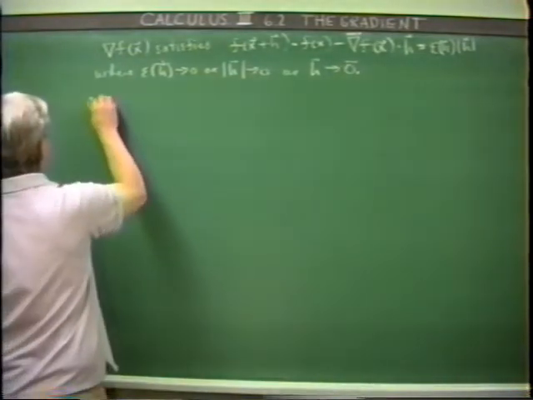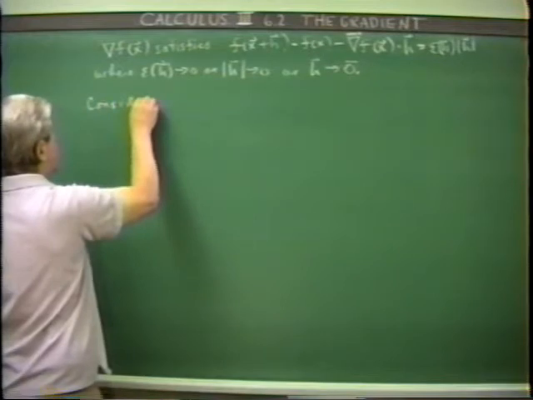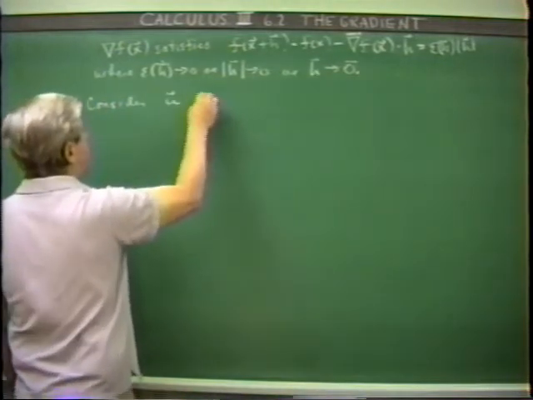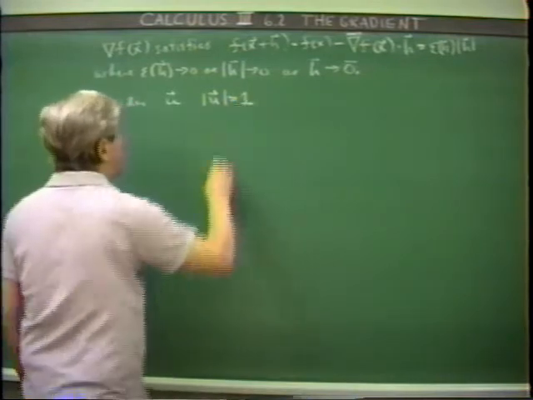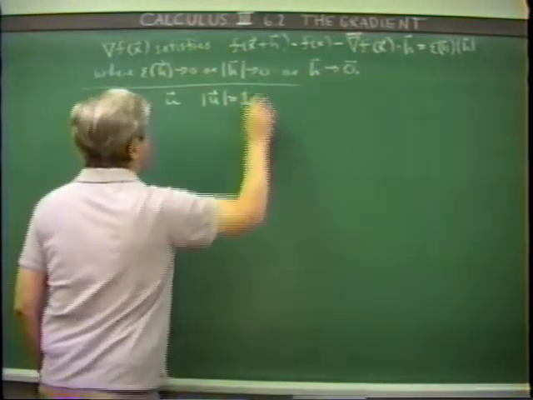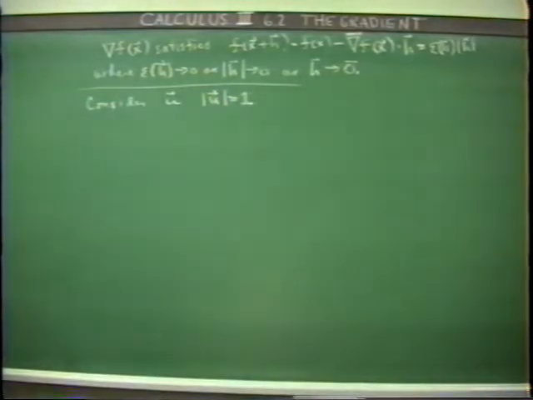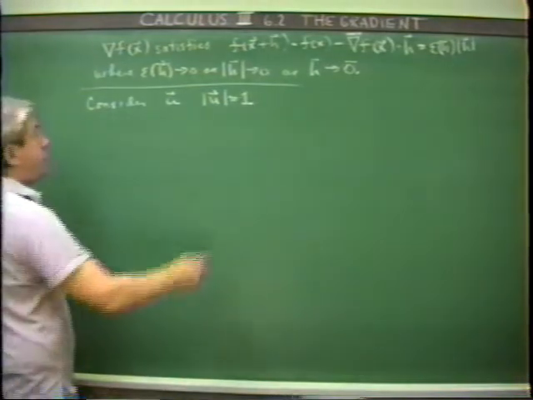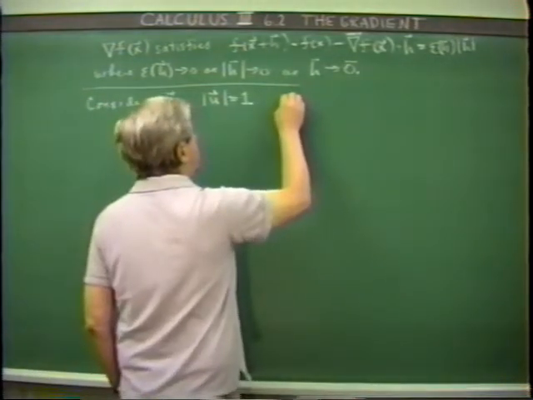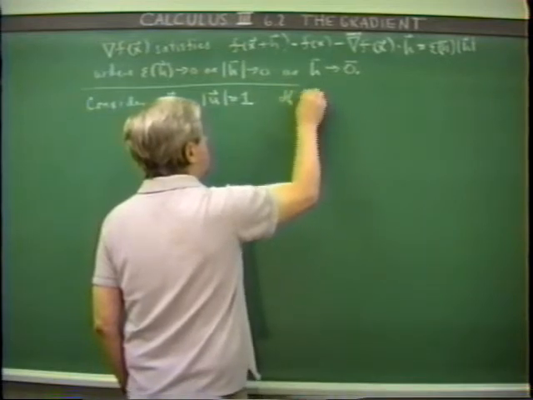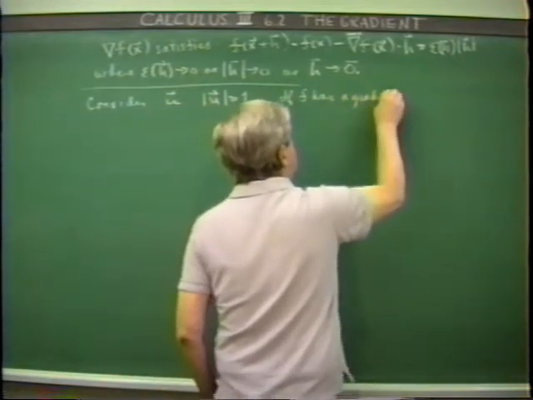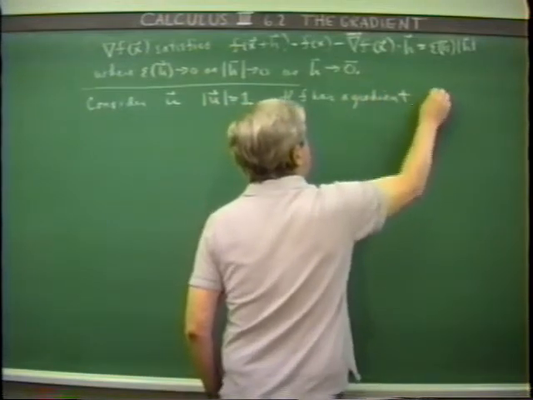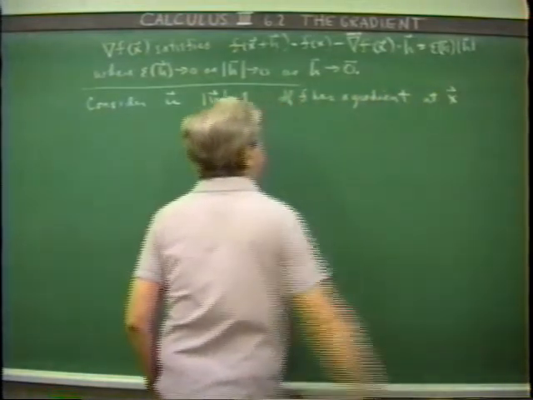And now let's consider a vector u, a unit vector, magnitude of u equal to 1. And let's suppose f has a gradient at, let's say, point x.